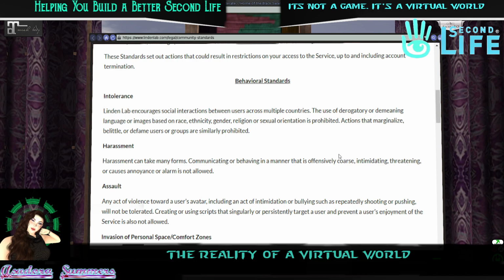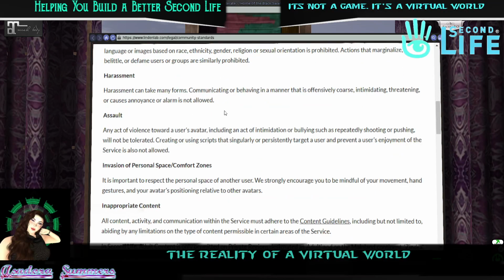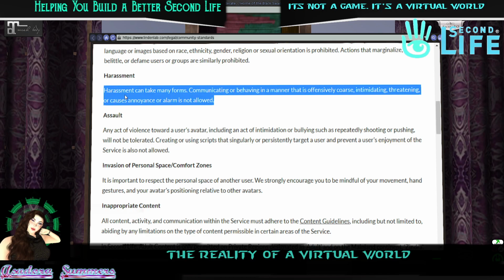Harassment. Harassment can take many forms, communicating or behaving in a manner that is offensively coarse, intimidating, threatening, or causes annoyance or alarm is not allowed. Now, I will highlight this. Harassment can take many forms.